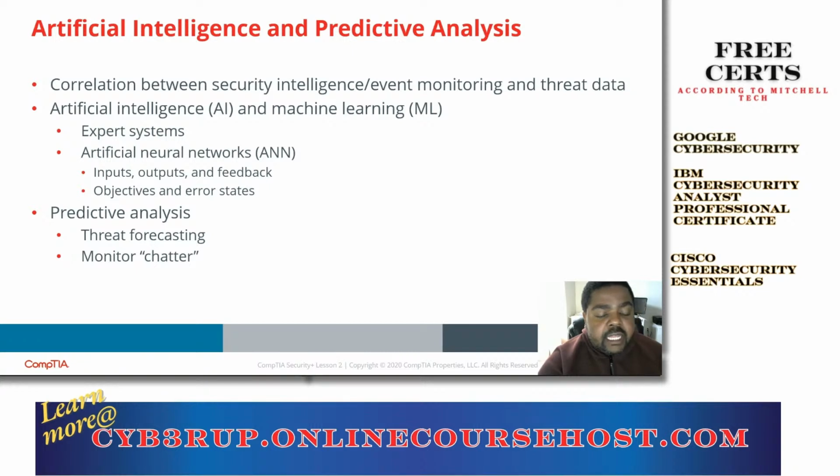So if anything was abnormal to the normal workday, machine learning or artificial intelligence would be able to detect it and warn us to say, hey, this doesn't look right. There's a lot of traffic leaving, or a lot of traffic coming in. We're being bombarded here. So it's always good to have these tools in place and make sure that they're configured right to help us stay secure overall.